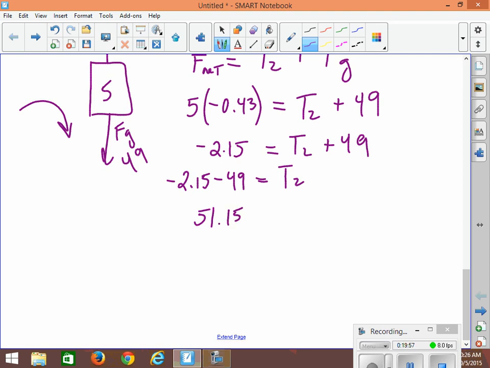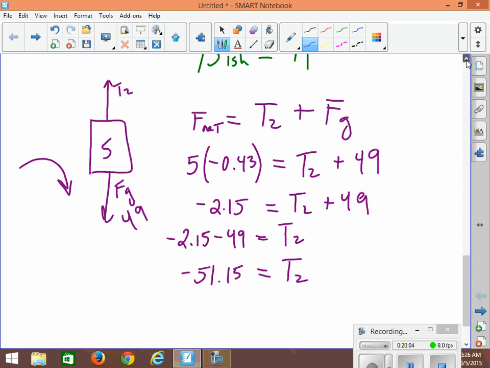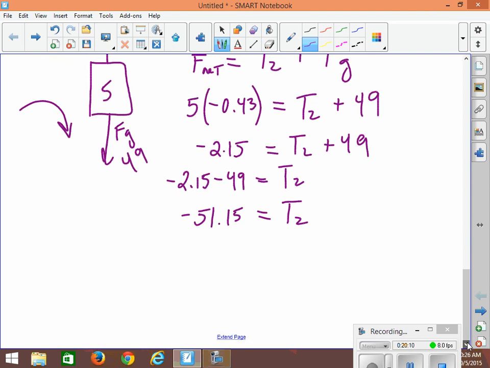And it's a negative number. And that makes sense, I think, because T2 is pulling up and it's contributing to motion that is sort of counterclockwise in our reference frame. So despite our algebra mistakes and our bad math, we've managed to crank out the appropriate answer.